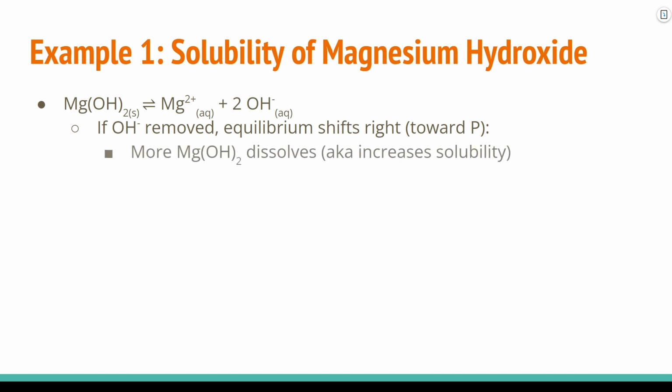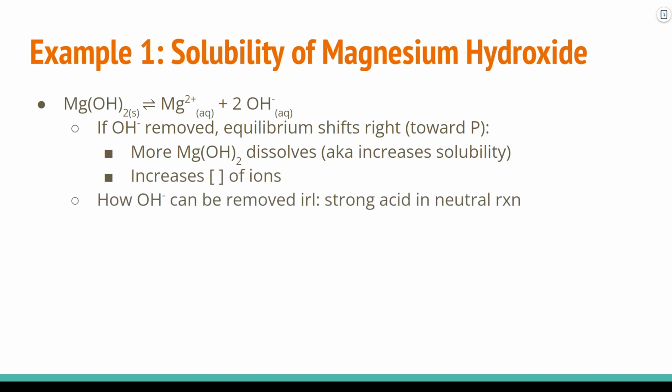Because of that, more of the magnesium hydroxide solid will dissolve, so I increase the solubility of the salt. If I somehow removed that hydroxide, I need to dissolve more in order to get more hydroxide once again, so that the system can reach equilibrium. And so we're going to increase the concentration of those ions.